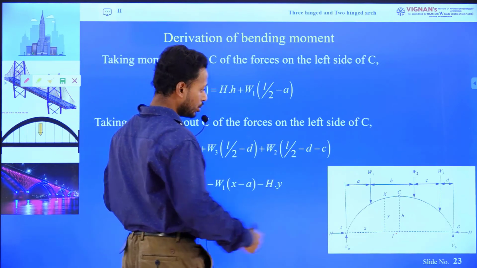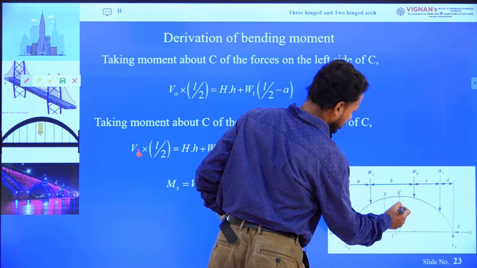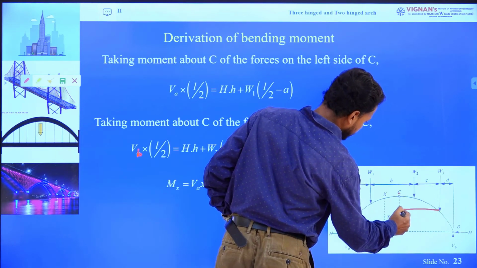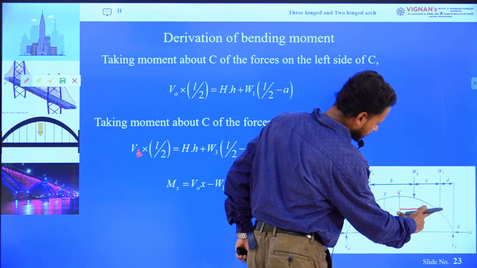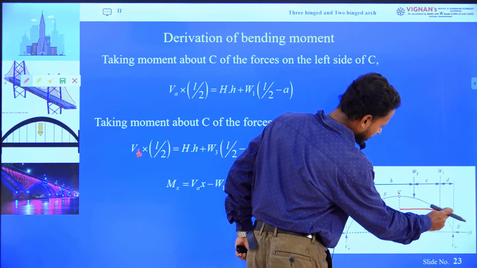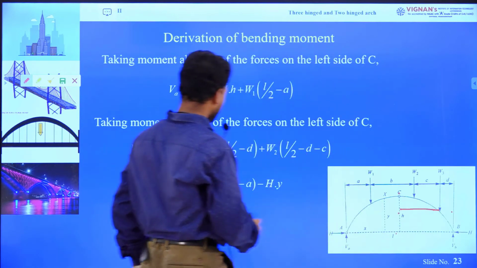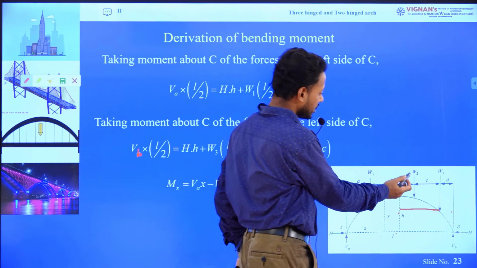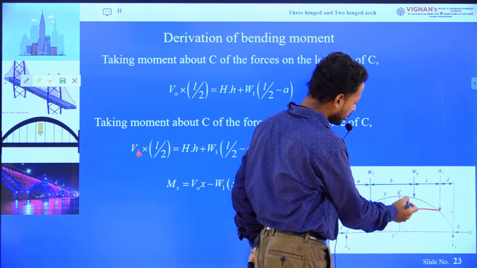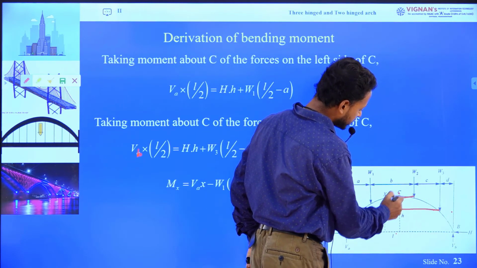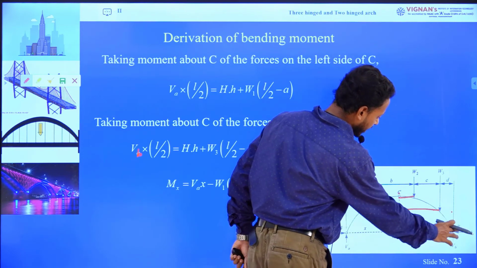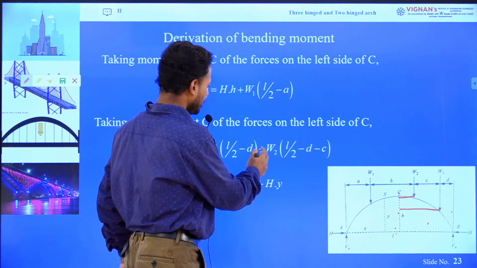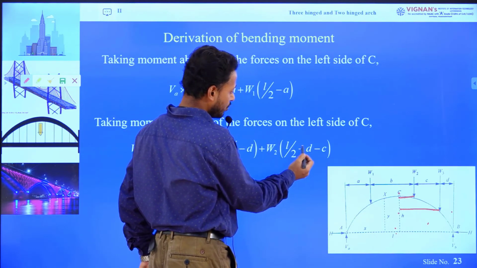So H into small h, plus W3 into this distance. What is this distance? This distance is nothing but L by 2 minus d. So we can write W3 into L by 2 minus d. Again another force is there, W2, so W2 into this distance. What is this distance? L by 2 minus d minus c. So we have plus W2 into L by 2 minus d minus c.